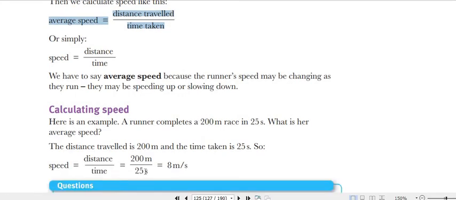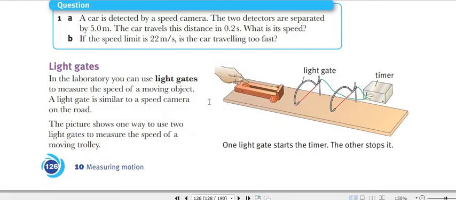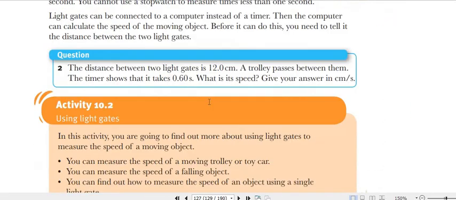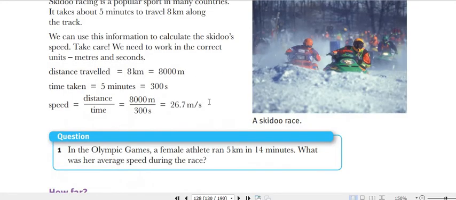For example, if I asked you to find the speed in meters per second, so that means لازم تكون distance بالmeters والtime بالsecond. Another idea we have here إنه we can rearrange the concept of speed عشان ألاقي distance with time.